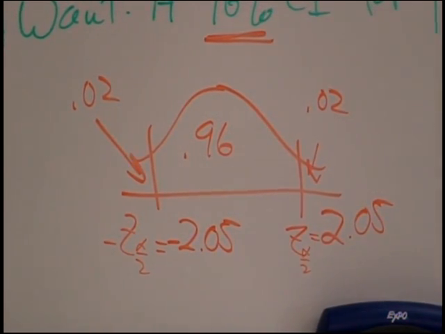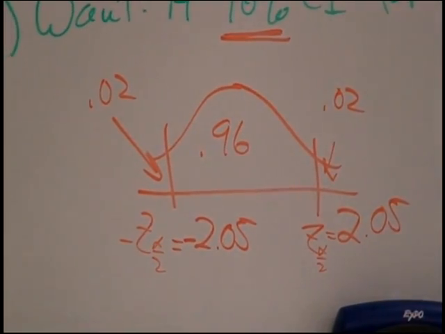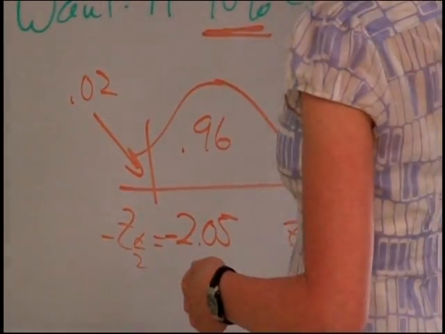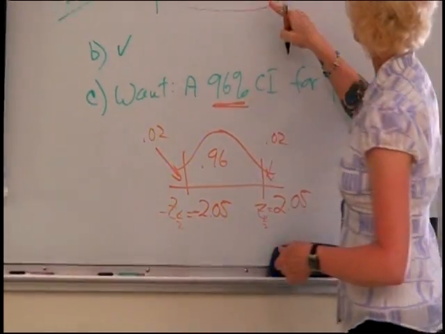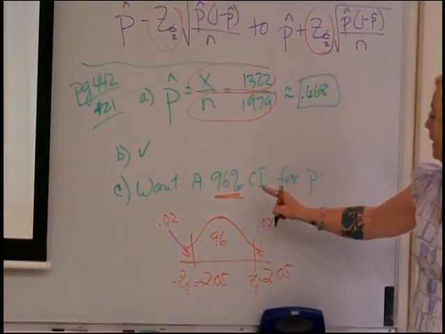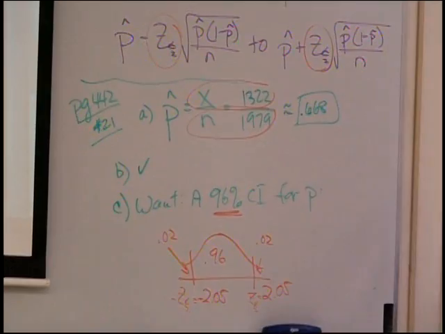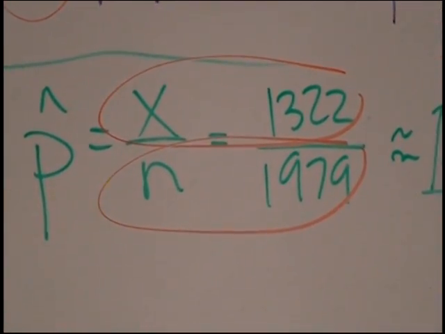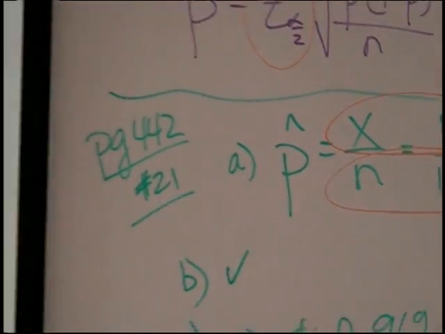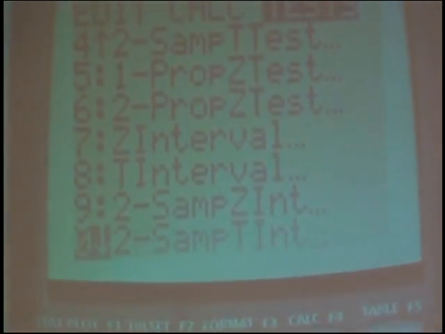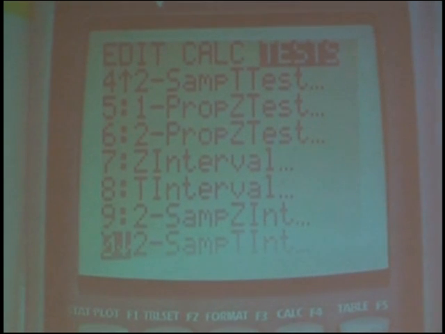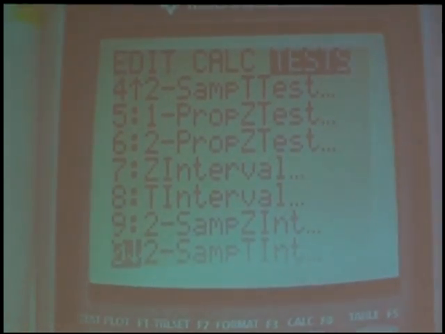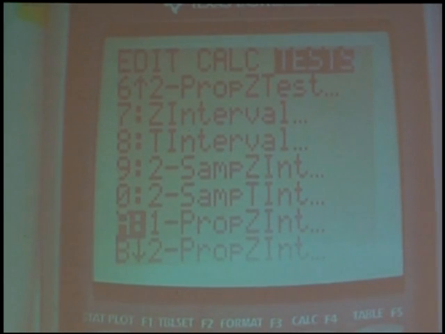Once you pull the x and the n out of your problem, and your level of confidence, that's all you need for a proportions interval. So you're going to go stat, right, and then go down, down, down in your menu. You're going to want one proportion z interval.